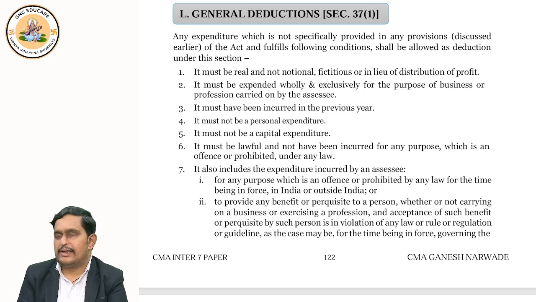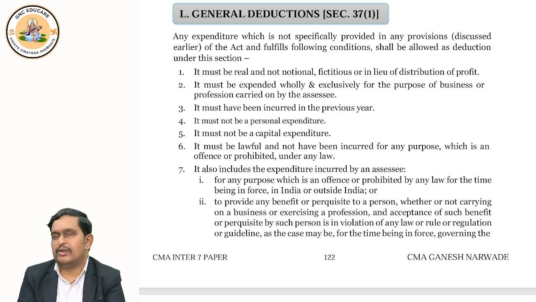So if it is neither personal nor capital, it's revenue expenditure incurred in the previous year, and it is lawful, then definitely deduction is claimed. So when I say lawful, it should not be illegal as per any law in the country.